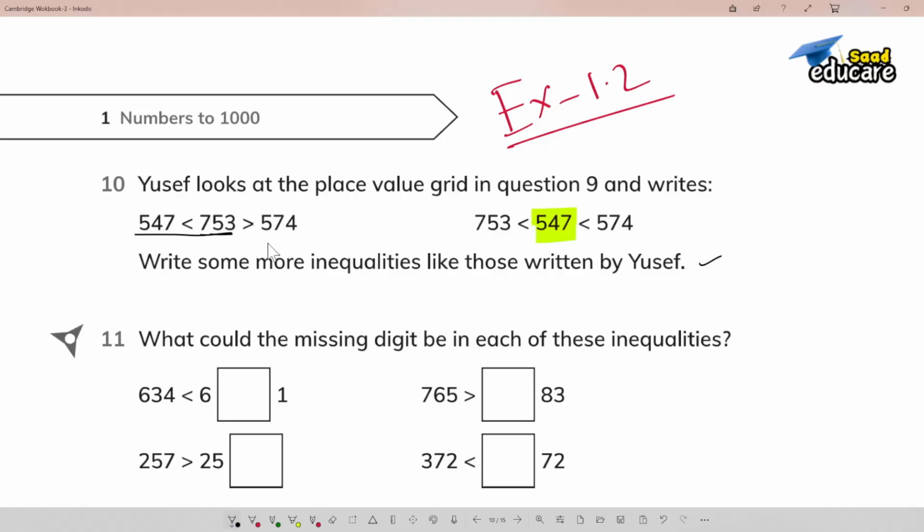It's a right statement. So number 1, 547 is less than 753, which is greater than 574, is a correct statement.